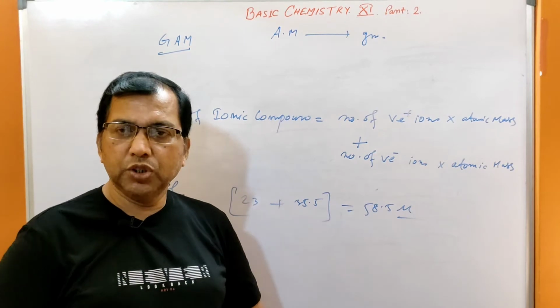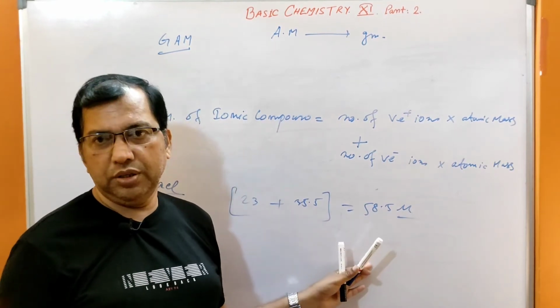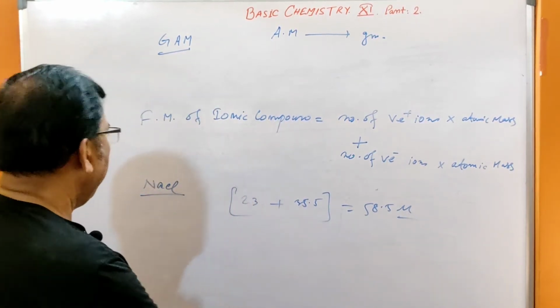Atomic mass of sodium plus atomic mass of chlorine. Clear? So now it is clear.